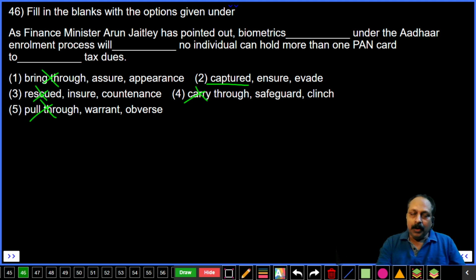Again, contextual awareness, grammar knowledge. As Finance Minister Arun Jaitley has pointed out, biometrics captured under the Aadhaar enrollment process will do what? Will ensure what again? No individual can hold more than one PAN card to avoid tax dues. Answer is the second option.